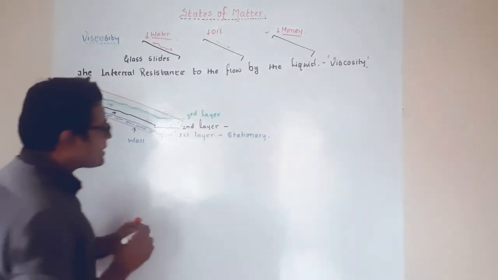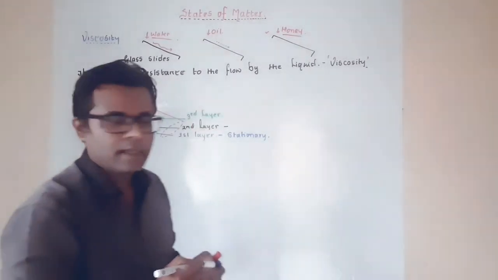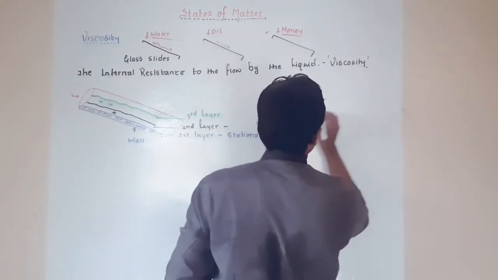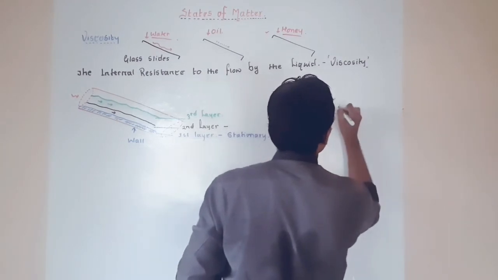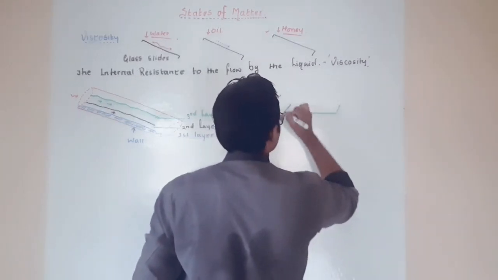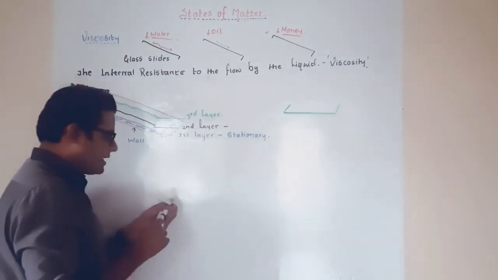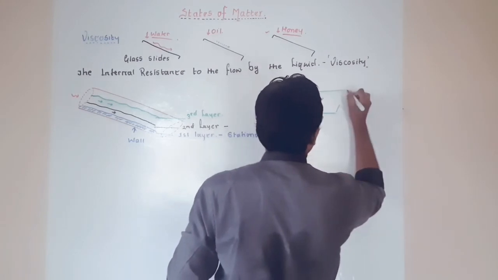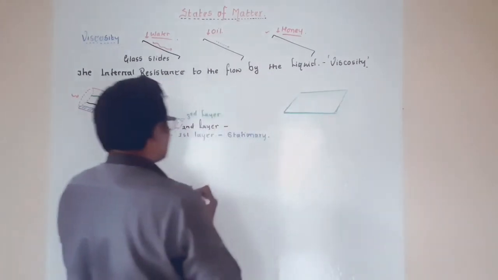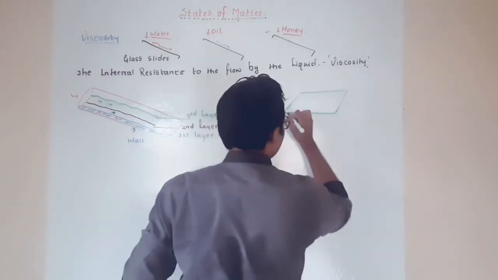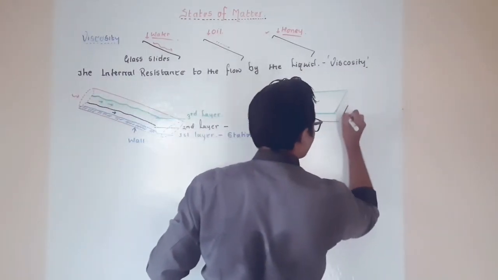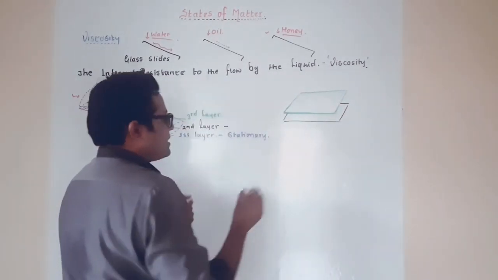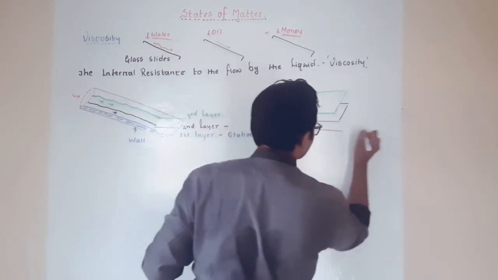Okay, so in order to understand this in a mathematical way, let us say this is the third layer. This is the second layer of the liquid which is flowing. And let's say that this is the first layer which is actually stationary.